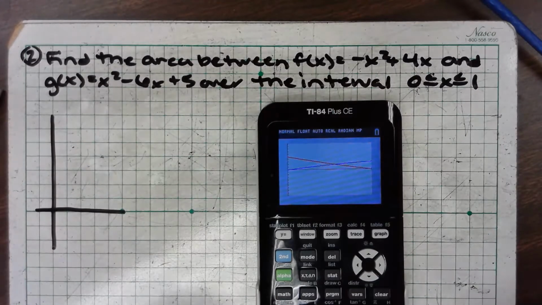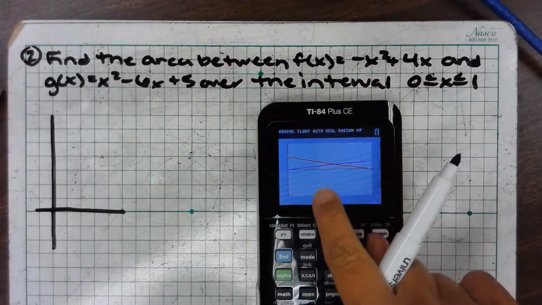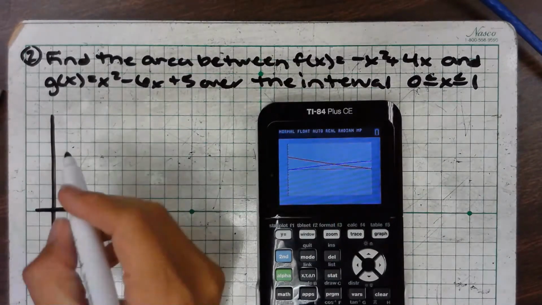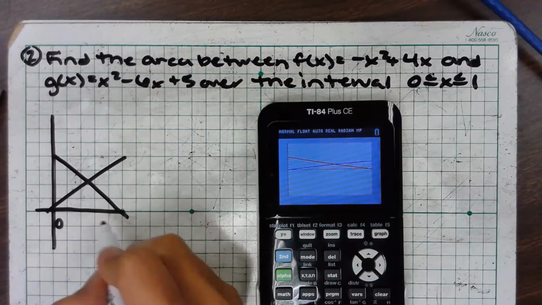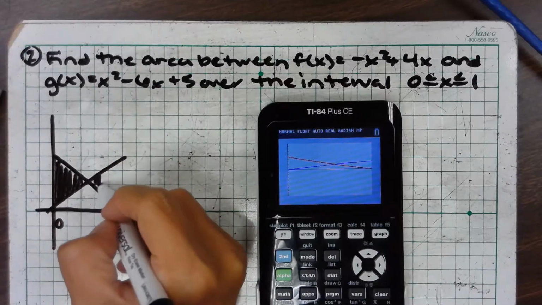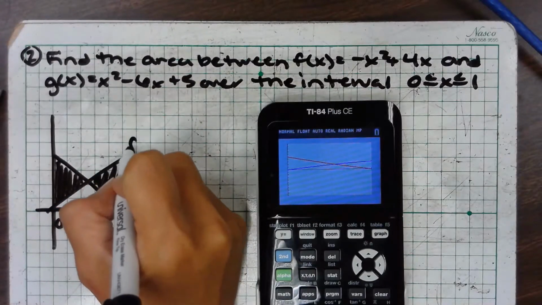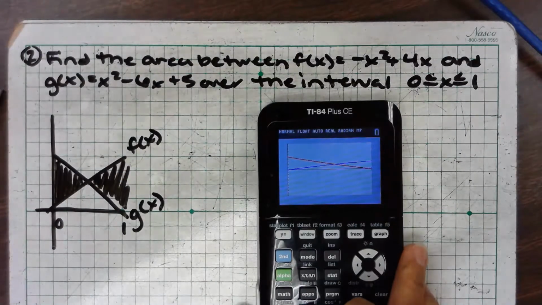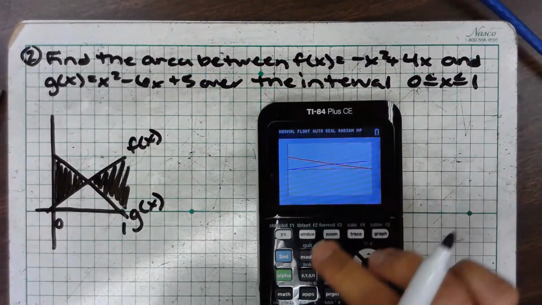So really what's going on from 0 to 1, I have this function on top, and then it switches, and I've got to find where that intersection point is. It really looks like something like this. So here's 0, here's 1, I've got an area right here, and I've got an area right here. Now this is f of x, and this is g of x. Anytime I do the area, I want to do the one on top minus the one on bottom, but the problem is I've got to know where that intersection is.